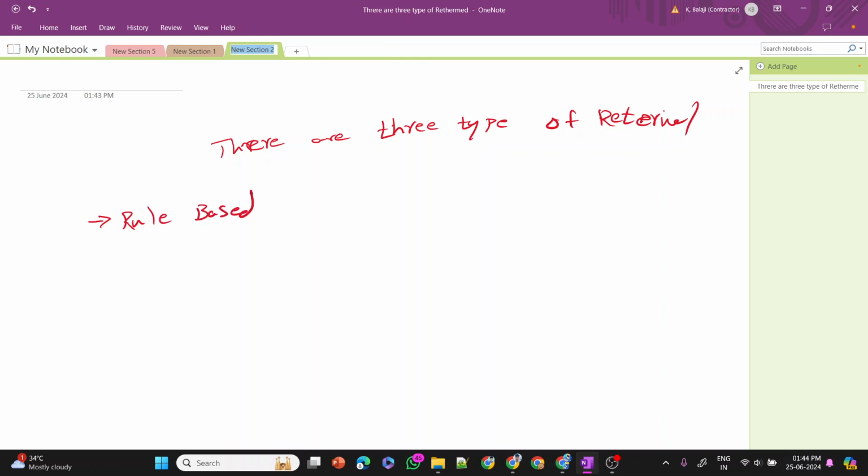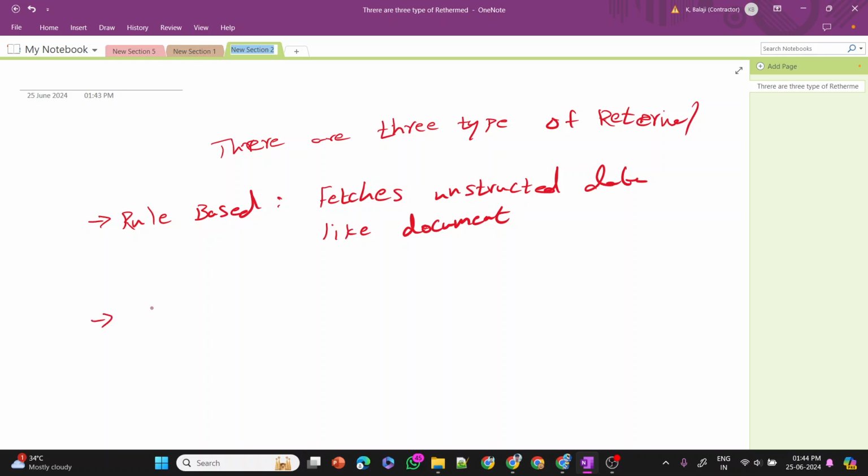That means it will fetch unstructured data like documents.